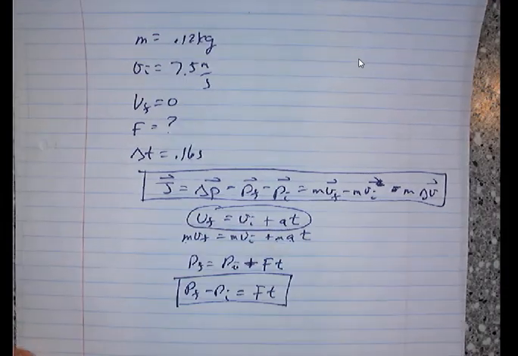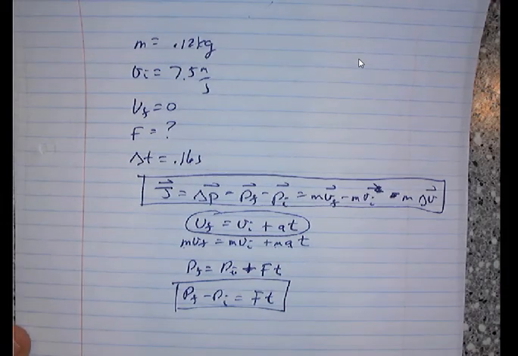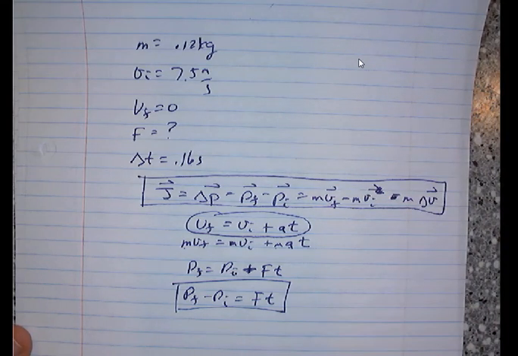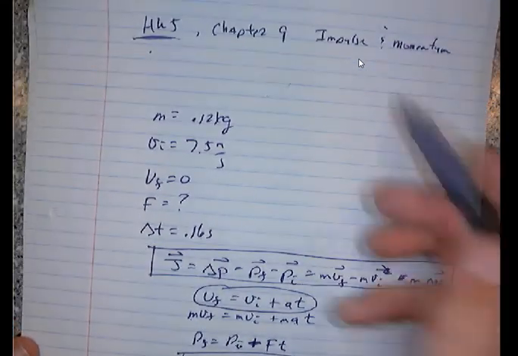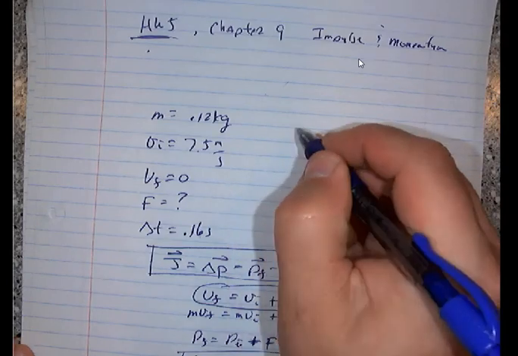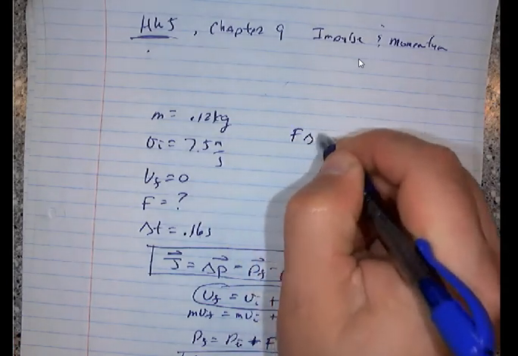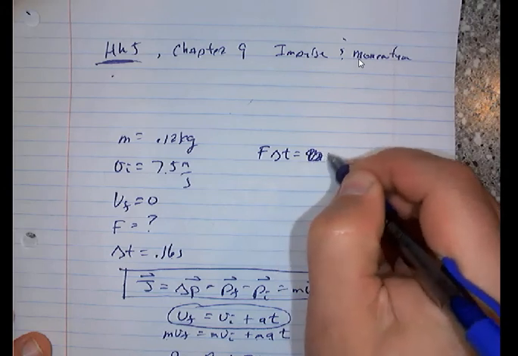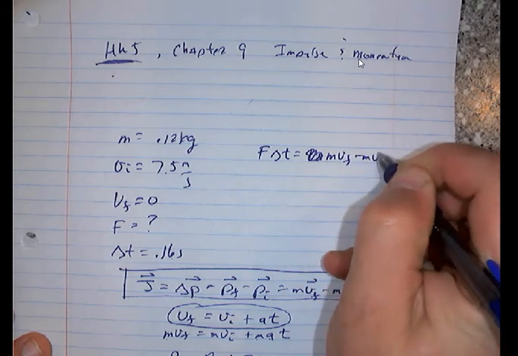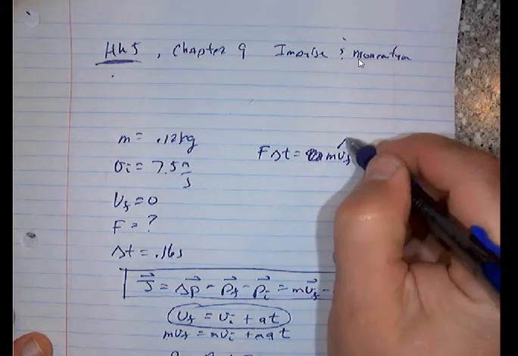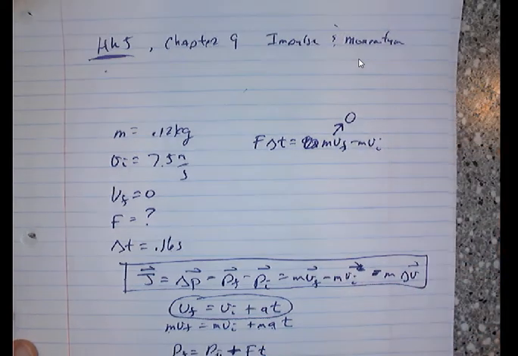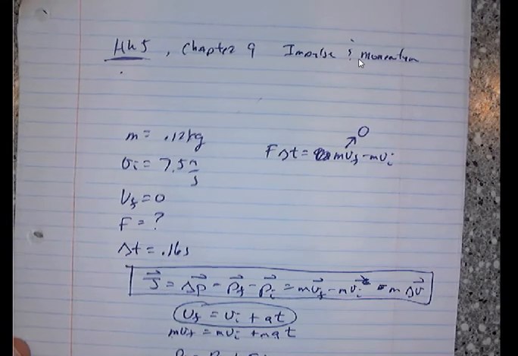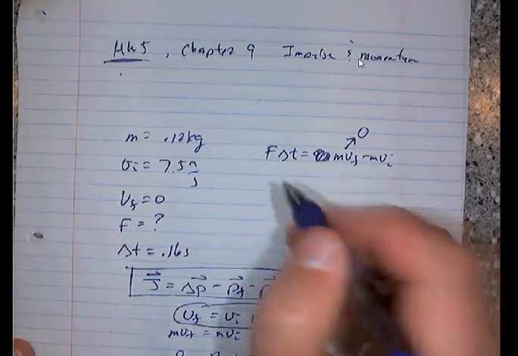Okay, so let's actually solve this problem then. It's a hint: mass, velocity, force, time. Think impulse relationship. I'm going to write it up here to save some room. Force times time equals mv final minus mv initial, and the final velocity is actually 0. This is the force that's going to be on the snowball.